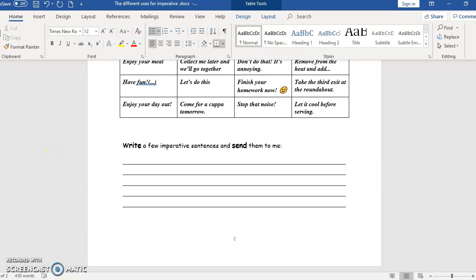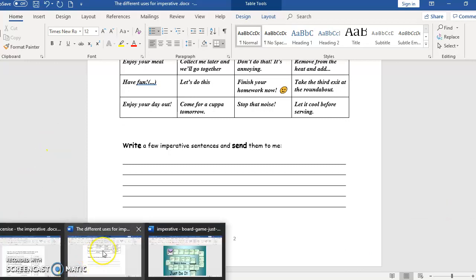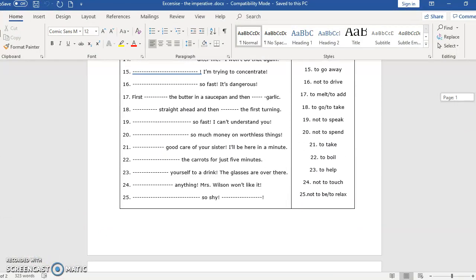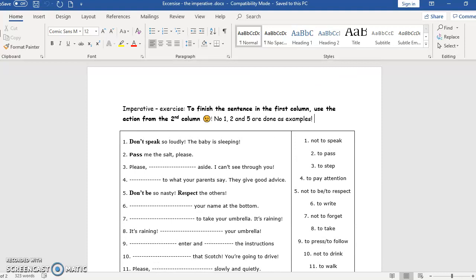Now, let's have a look at what exercises I have for you. I only send you one, but it's a long one. Now, you have to finish the sentence in the first column with the verb. Sometimes it's a negative. You have to add not. In the second column.